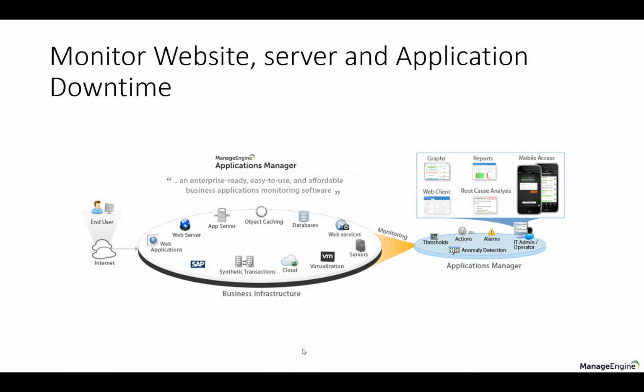So all these kinds of databases can be monitored through Applications Manager. And any fault or alarm generated in Applications Manager can be raised as tickets. Say, for example, the database is offline, or someone is trying to execute a delete query, or the number of connections to the database from a single host is greater than 25, or the JVM usage is more than the threshold value. All these kinds of alarms can be generated as tickets into ServiceDesk.